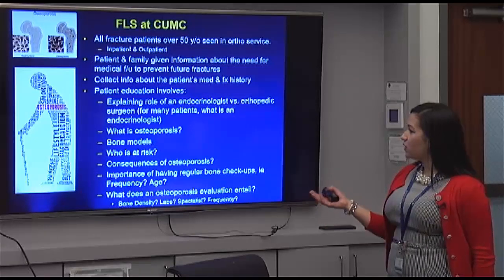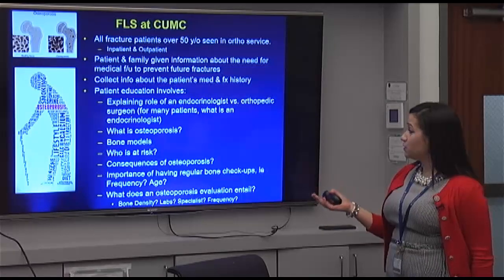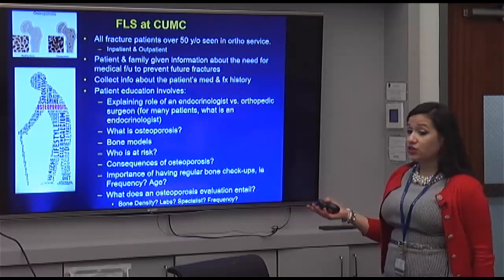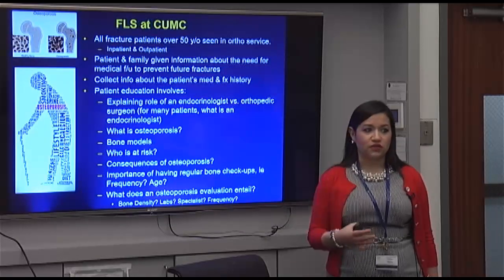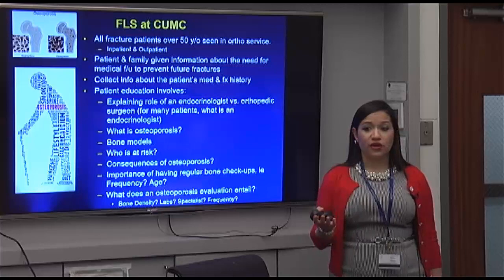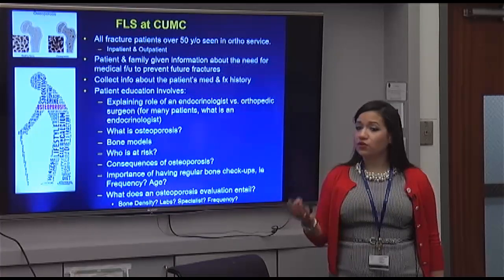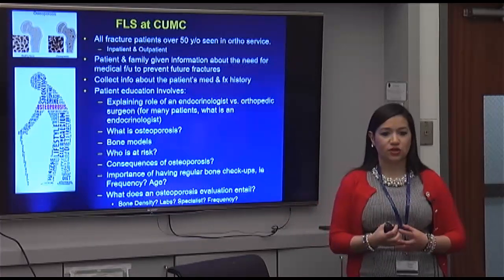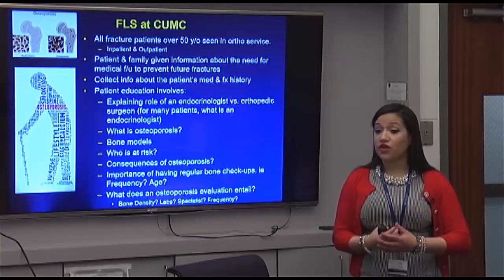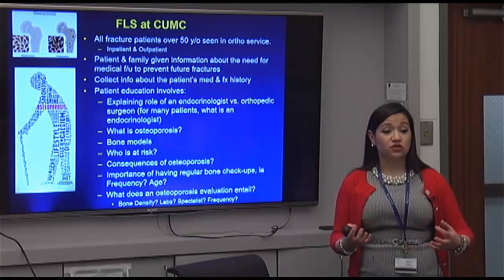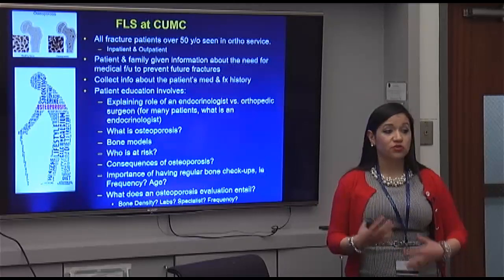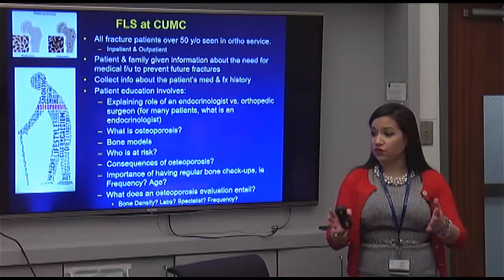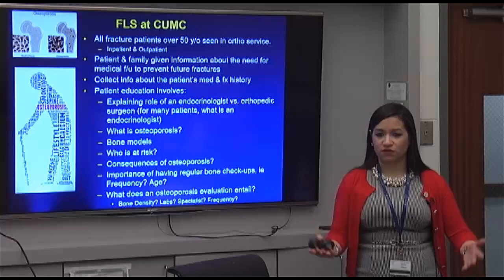One of the main things we have to do is explain to them the difference between an endocrinologist and an orthopedic surgeon. Most patients, regardless of socioeconomic status, have this idea, well, the orthopedic surgeon fixed my bone fracture, I'm good to go. Or they think the orthopedic surgeon is going to order the bone density and treat my osteoporosis. So we have to explain the different roles of the two types of providers.